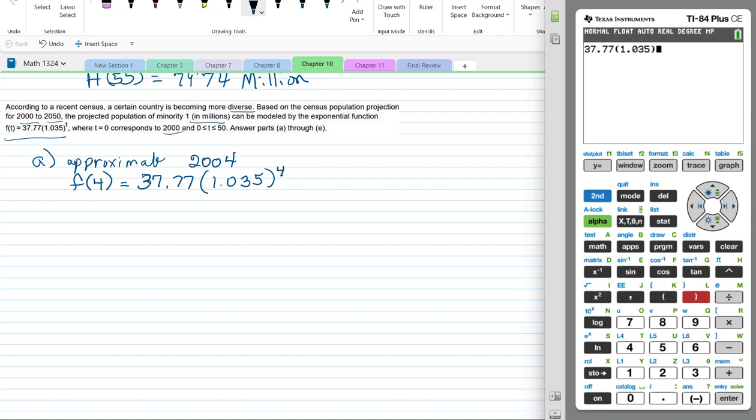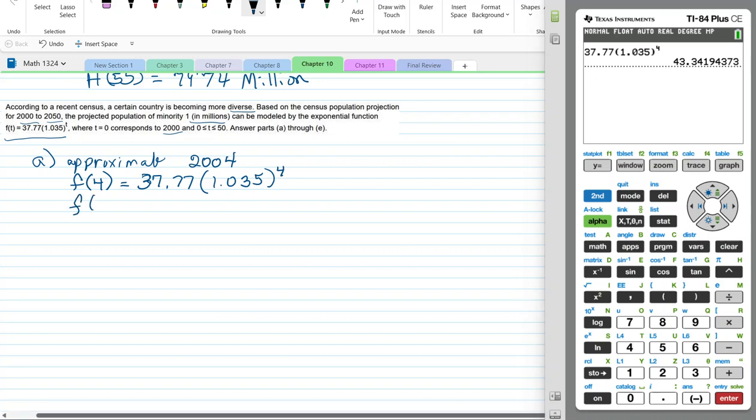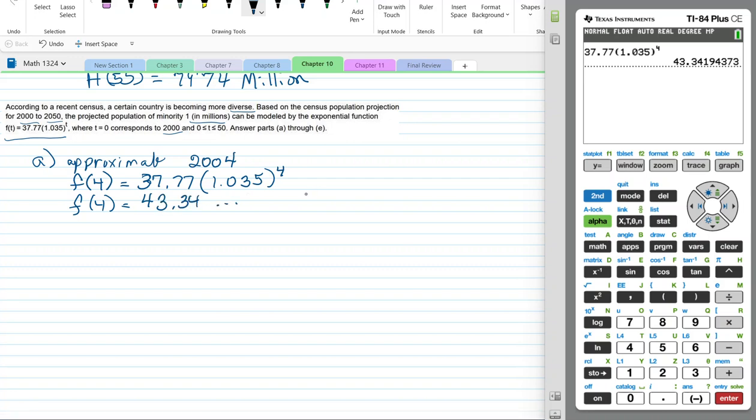Good job. And I'm going to raise it to the 4. And I get 43.34, blah, blah, blah. So approximately 43, and this is in million.